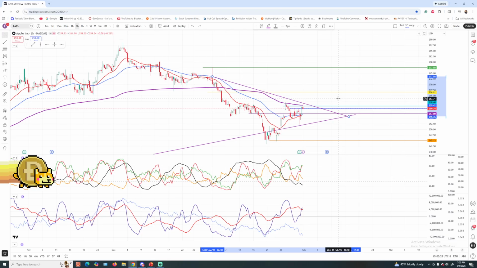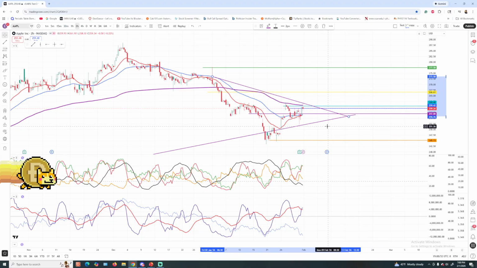It says calls above 261. I think what they're going for is if it breaks above 261, it'd be quick. They're probably looking at that 266 price target, and from there they'd probably sell it. Puts below 256.